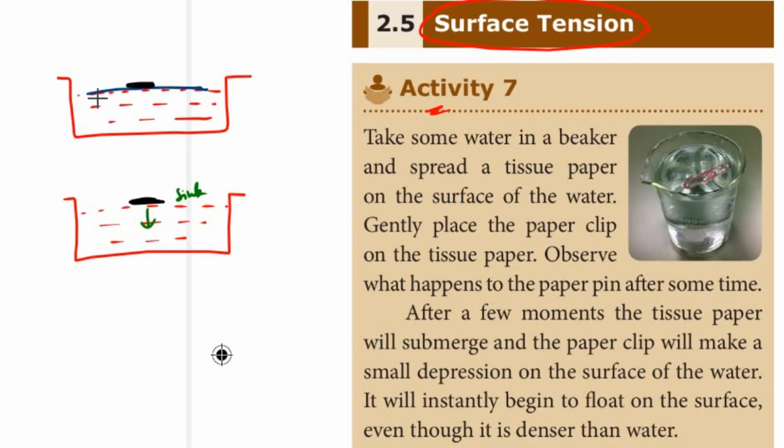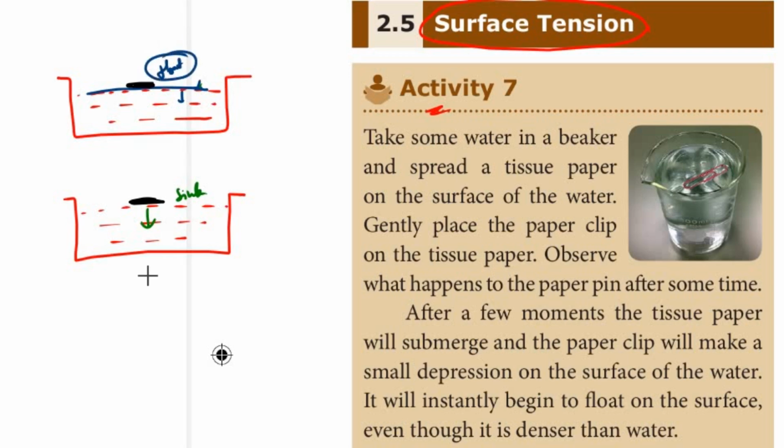However, this time when you put the paper clip above the tissue paper and you gently use a pencil to poke, slowly dip this tissue paper, you will observe that slowly the tissue paper will sink down, but the paper clip will float.